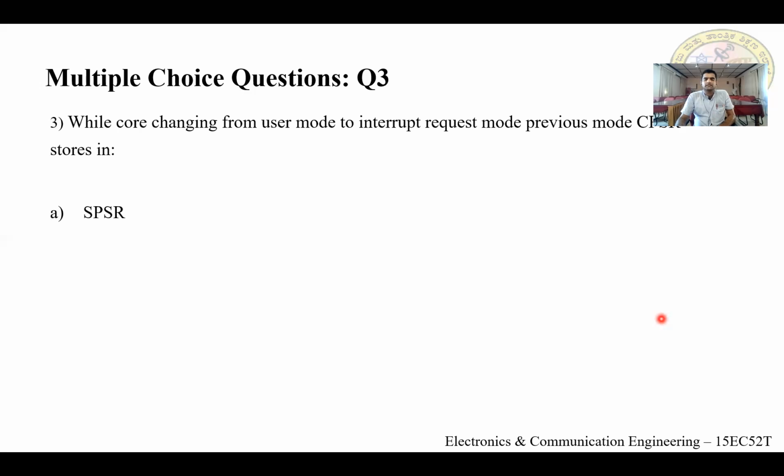Option A SPSR, option B R13, option C R14, option D R15. While changing from user mode to interrupt request mode, the CPSR is copied to SPSR. Here R13 is the stack pointer, R14 is the link register, R15 is the program counter. The answer is A, saved program status register.